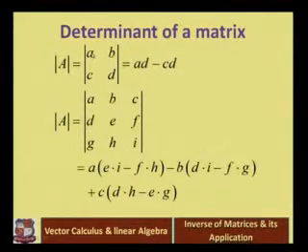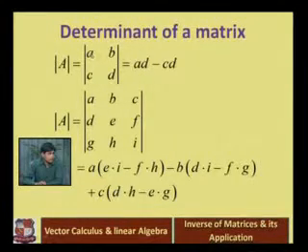For a 2 by 2 matrix, let one example be A B C D. It is solved by multiplying the diagonal entries and subtracting the product of the other entries. So the final result is determinant of A equals AD minus BC, meaning multiply the main diagonal entries minus multiply the other diagonal entries.